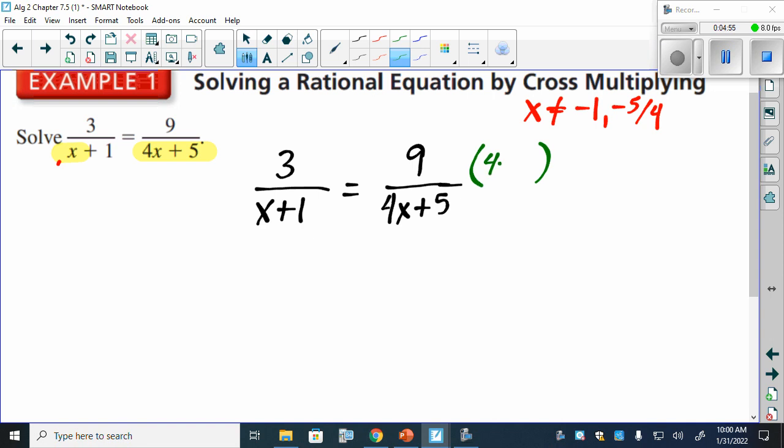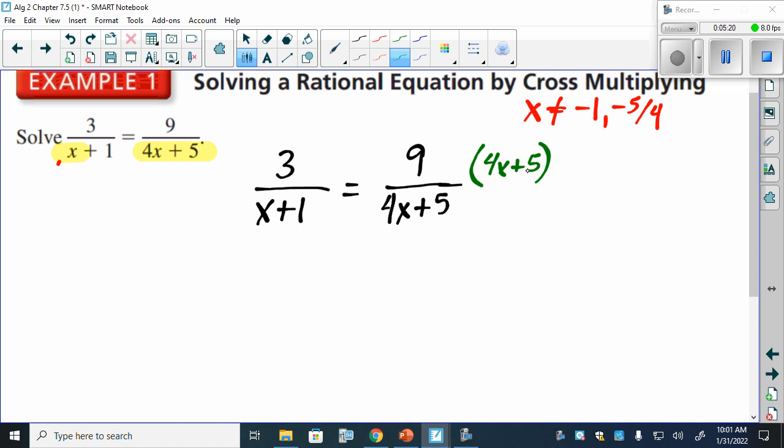Yeah. Because when we multiply by a whole number, a number without a denominator, it automatically multiplies with the numerator. So on this side, we would have 9 times 4x plus 5 over our 4x plus 5. They would cancel. What would we need to do with the 3 over x plus 1?